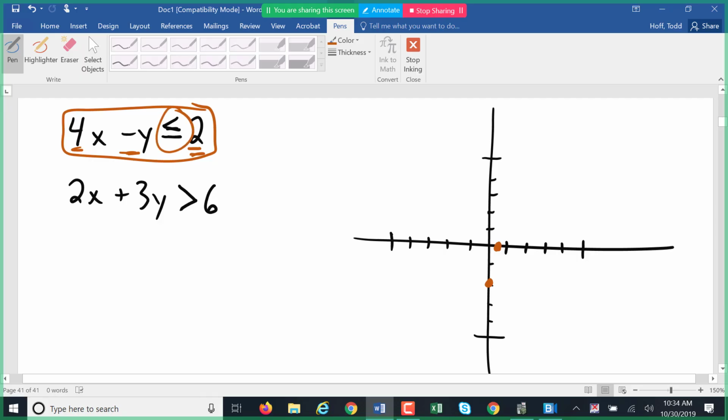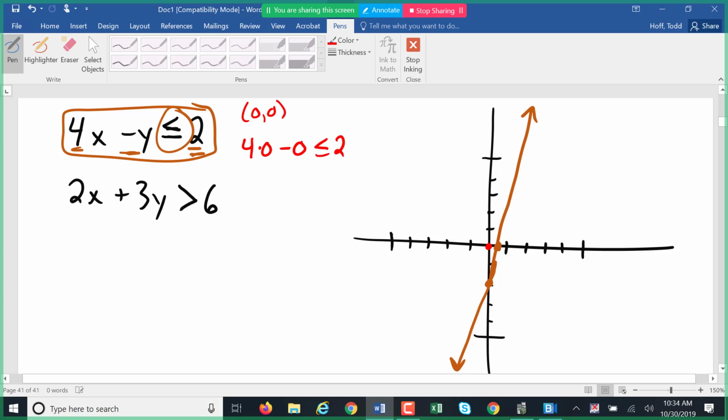The inequality is less than or equal to, which means the or equal to means it's a solid line. The origin, it's close, but it's obviously on the left or upper side of this line. So let's test that 0, 0 in. So if x is 0, that's 4 times 0 minus y is 0.